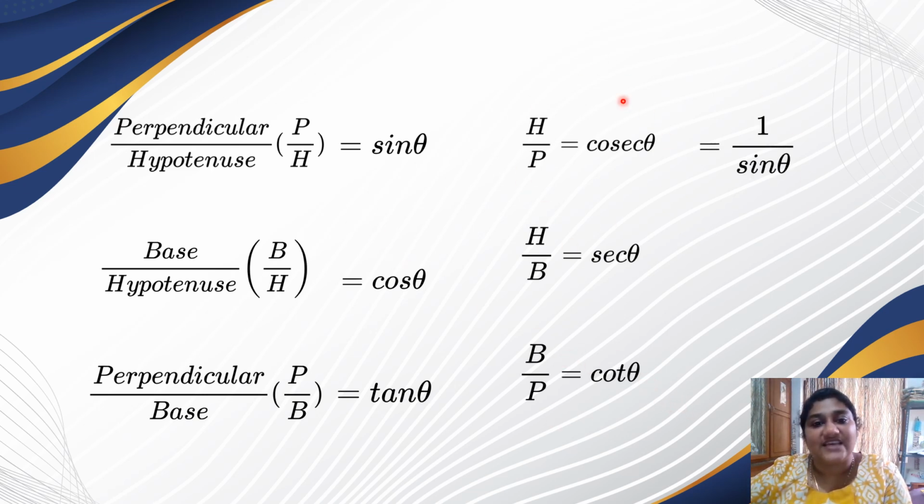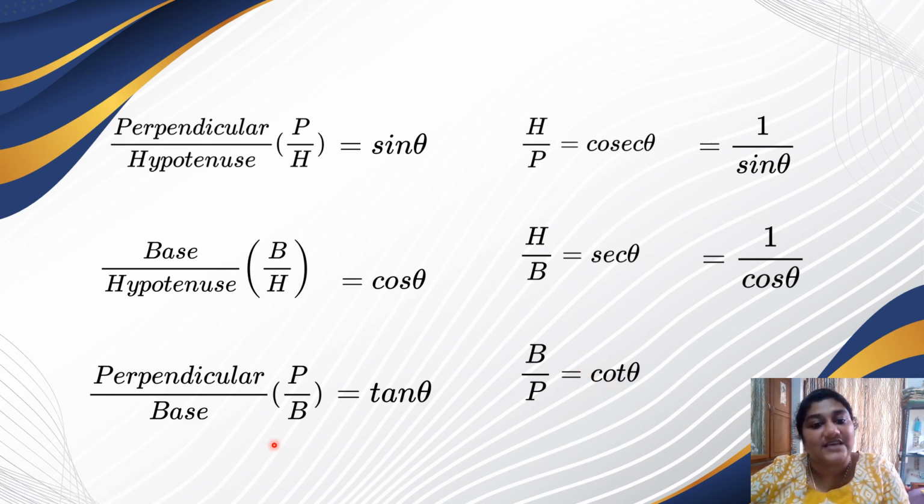So from this it is clear that cosec theta is the inverse of sin theta, which is P by H. The reciprocal of sin theta is cosec theta, so cosec theta can be written as 1 by sin theta. Here sec theta is the reciprocal of cos theta, so we can write it as 1 by cos theta.